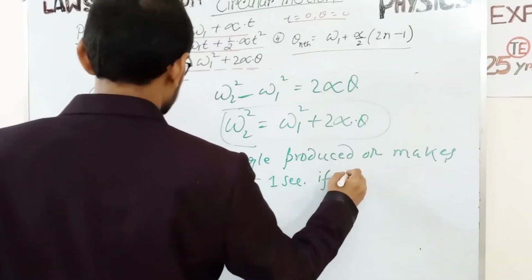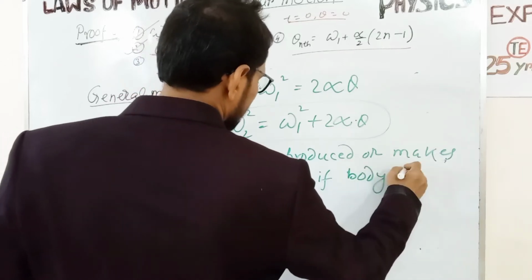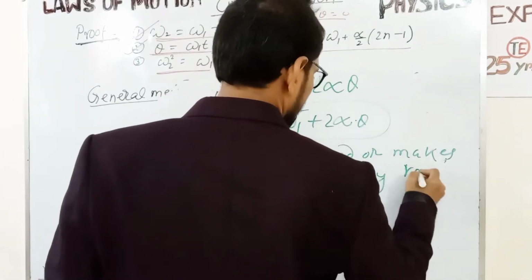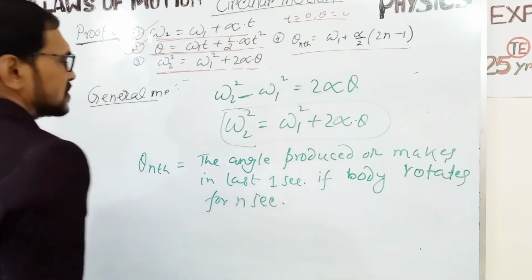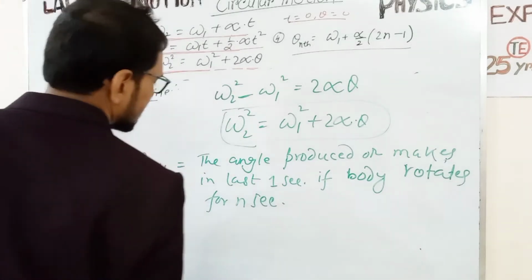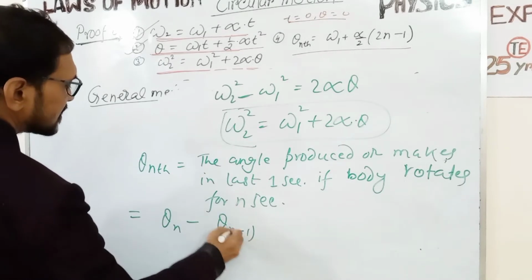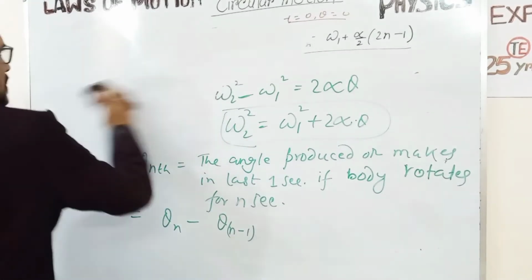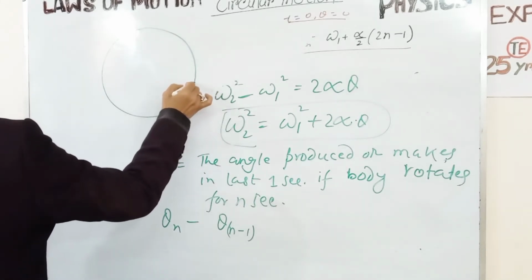If a body rotates for n seconds, the angle produced in the last 1 second is denoted by theta nth. So this is actually theta n minus theta n minus 1.